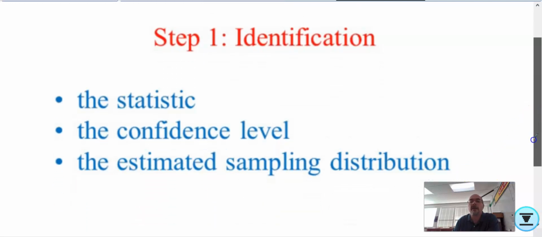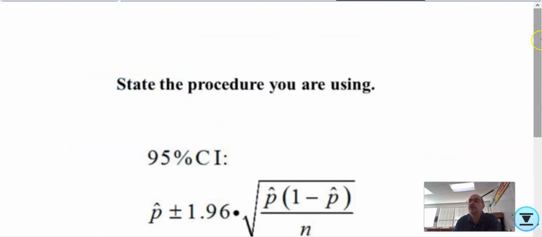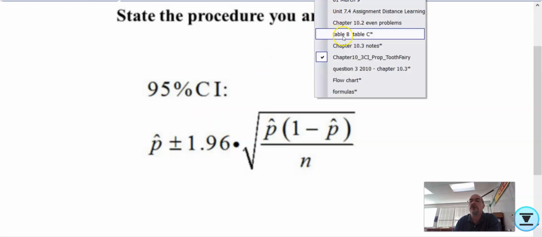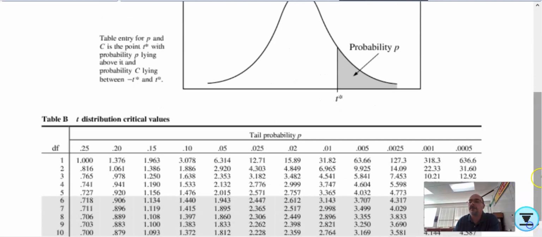So identification: the statistic, the confidence level, and the sampling distribution. We're going to use a 95% confidence interval, which means we're going to use p hat plus or minus z star. Let's go to Table B, down at the bottom.